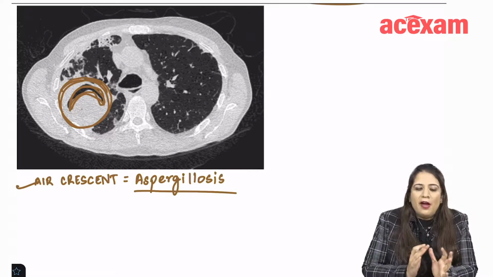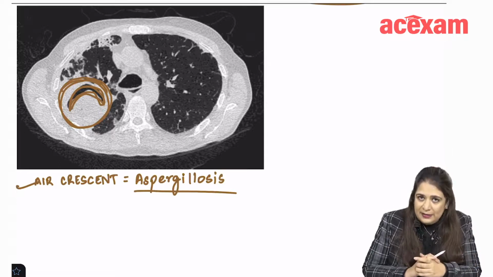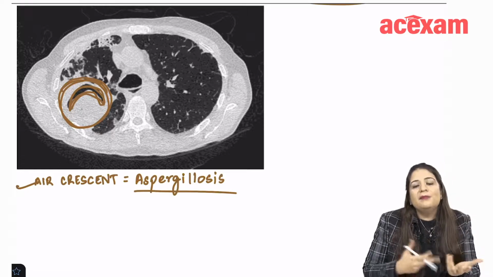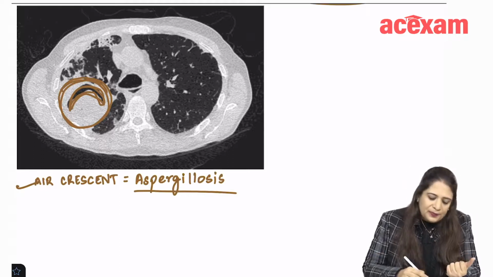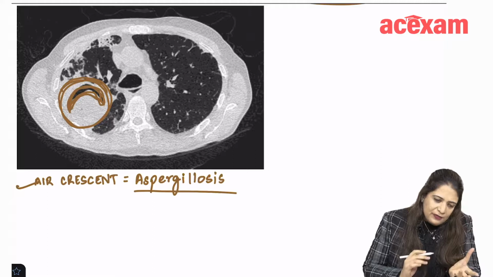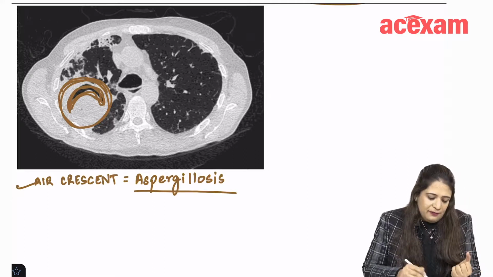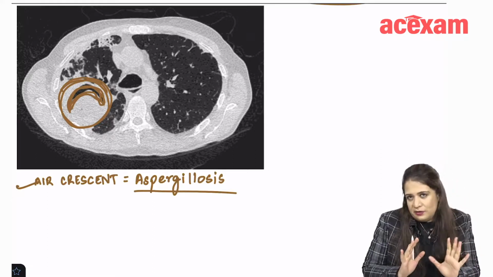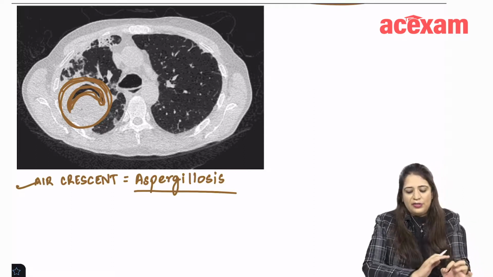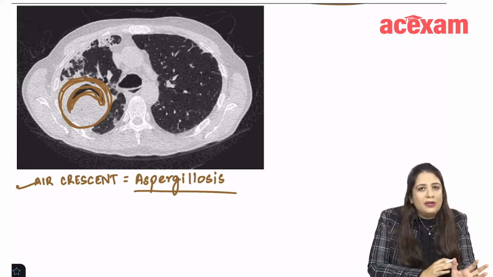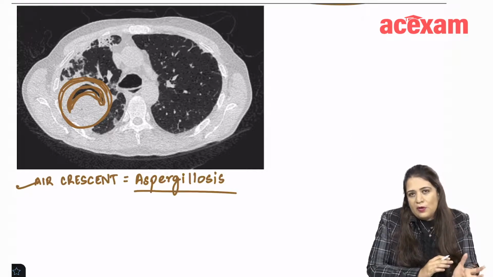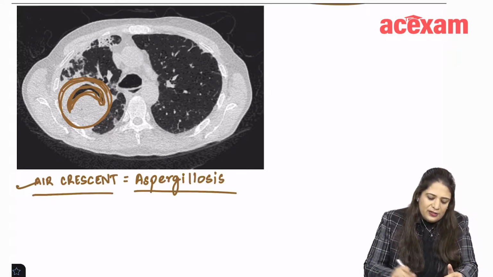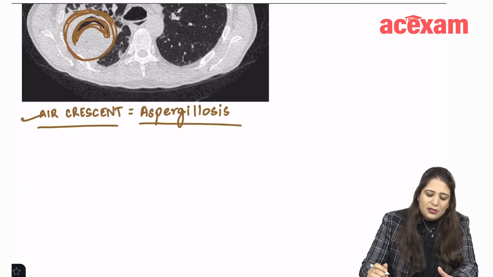So this infarct is visible as that radio opacity, and while it is taking time to resolve, that area of dissolution of this infarct would be visible as this air crescent sign. Just for your information, this air crescent sign is obviously non-dependable because it is not because of the fungal ball per se, but because of the necrosis. Air crescent sign is seen in aspergillosis.